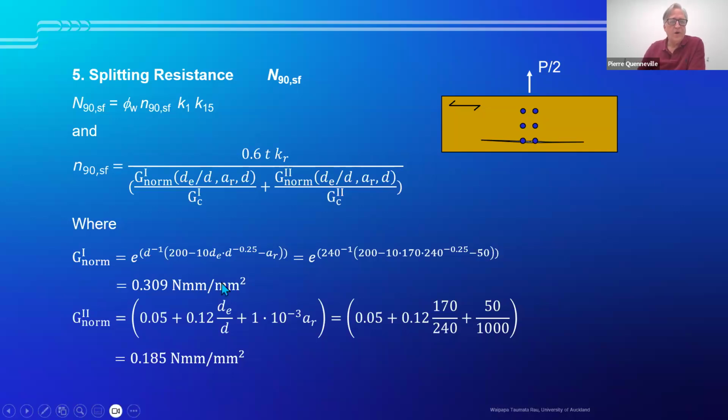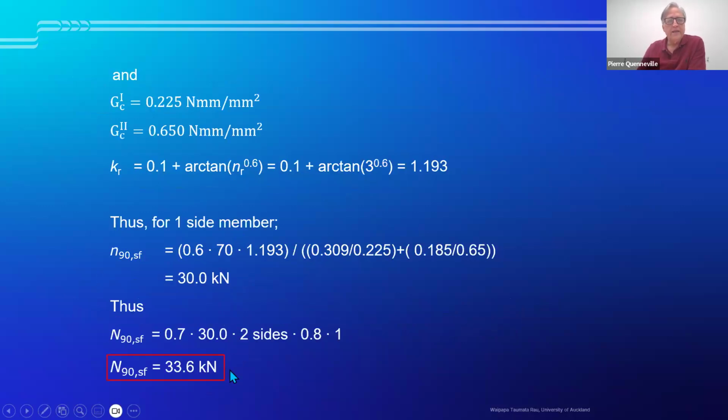So we obtain a G1 norm and G2 norm, and we have from our material our G1C and our G2C. The K sub R is a factor that takes into account the number of rows in our connection. Because that splitting force is divided per the rows of fasteners, we actually increase our splitting resistance if we have more rows.